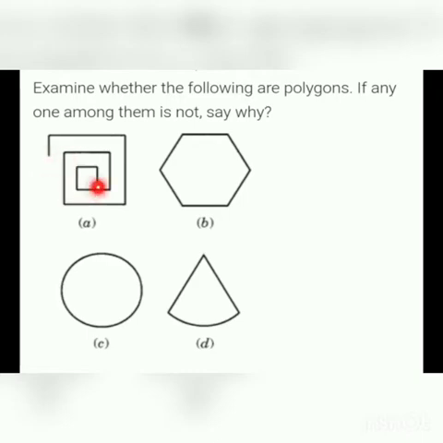When we discussed polygons, I clearly mentioned that a polygon is a closed figure with sides that are line segments. Here all the sides are line segments, but it's not a closed figure. Also we said it should be a simple closed curve. So this figure is not a polygon because it's open, not closed.